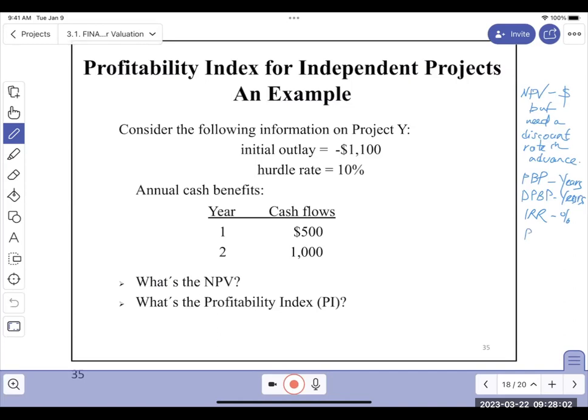Lastly, we have the profitability index, and the profitability index is a ratio. It's a cost benefit ratio, where we're going to look at the benefit over the cost.